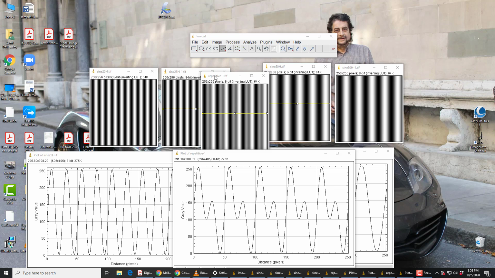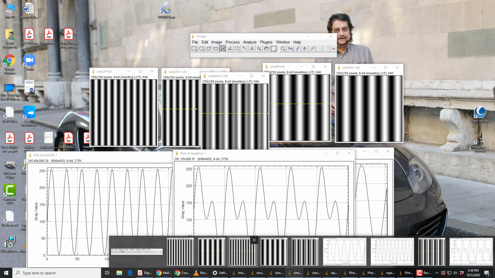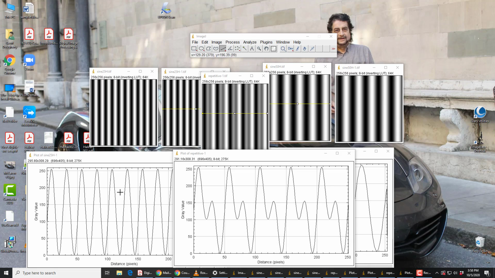And you should save it, call it something like repetitive, save it, and try looking at the profile, and you get this here. It's a complicated or more complicated shape. It's not a simple sinusoid. But the Fourier series, which we'll look at in the next video, says any shape, no matter how complicated it is, can be built up from pure sine waves.